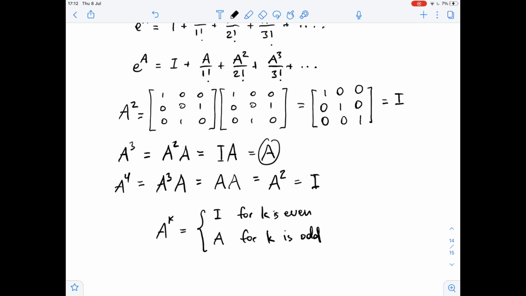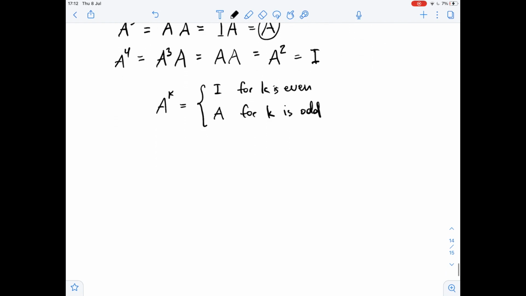Then we can write the series expansion as e to the power of A equals the identity matrix plus A over 1 factorial plus A squared over 2 factorial plus A cubed over 3 factorial, and so on.